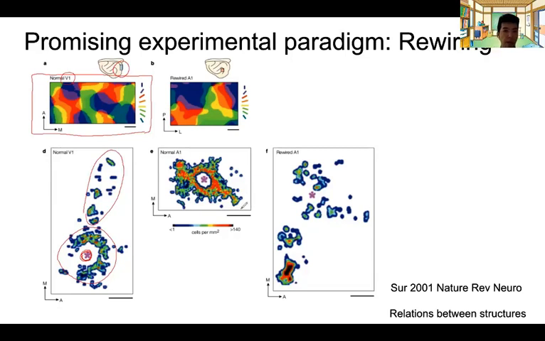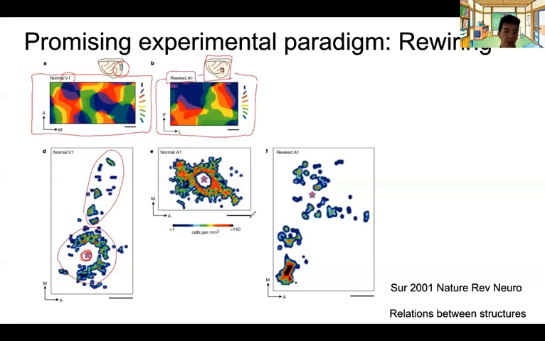But leaving that aside, the critical thing is the rewired A1 cortex. In the rewired A1, this ferret actually received the visual input, and that gets projected into the auditory cortex. And then the auditory cortical neurons also demonstrate, when using optical imaging, a cortical map that looks similar but is deformed relative to the visual system, okay?